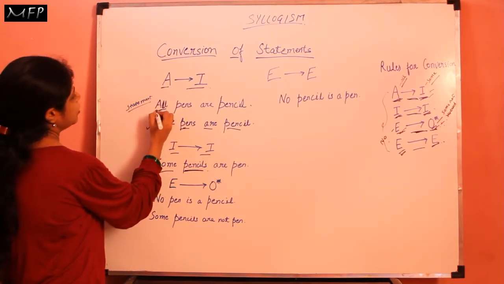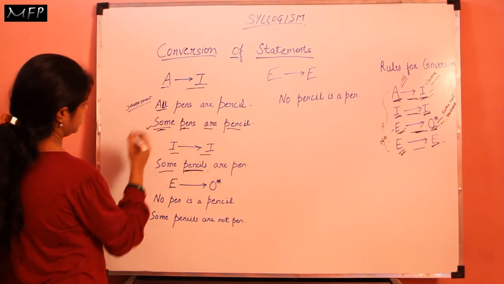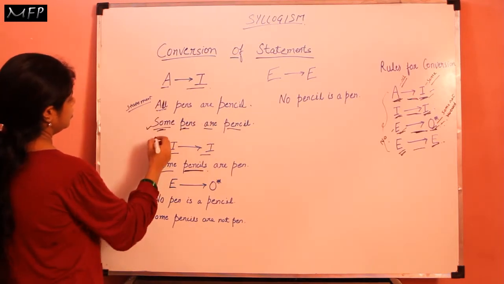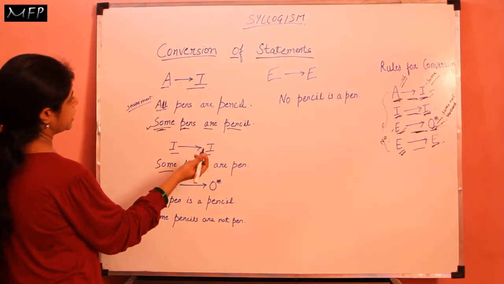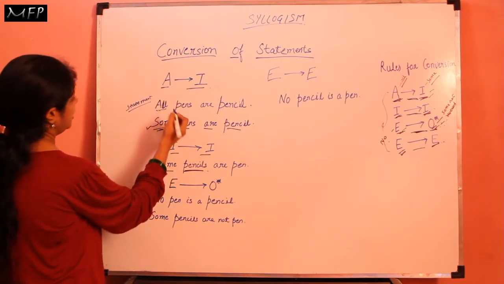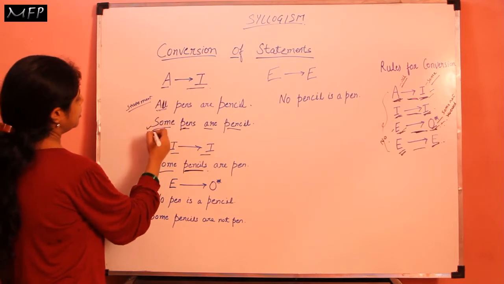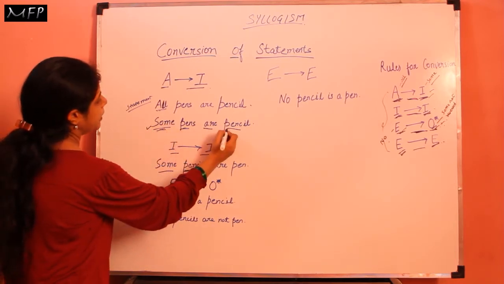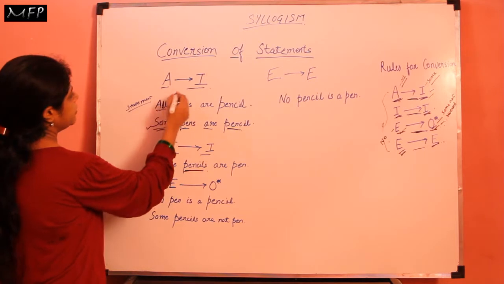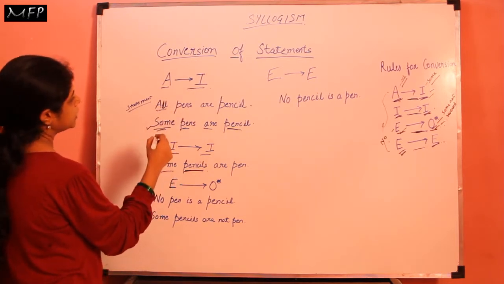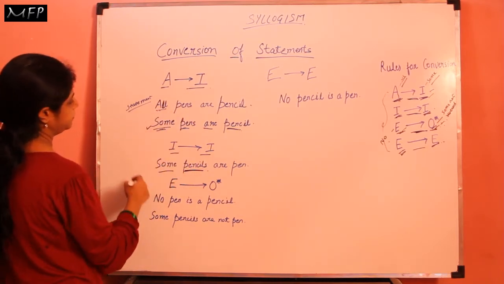The statement is: all pens are pencils. To convert this into an I-type statement, we remove 'all' and replace it with 'some'. So the statement becomes: some pens are pencils. This is the method for conversion of an A-type statement into an I-type statement.